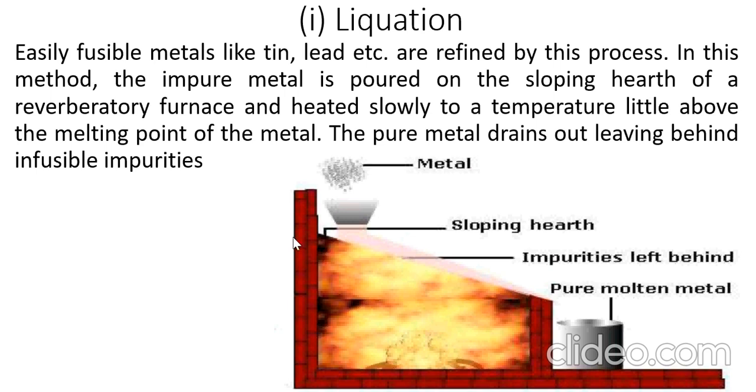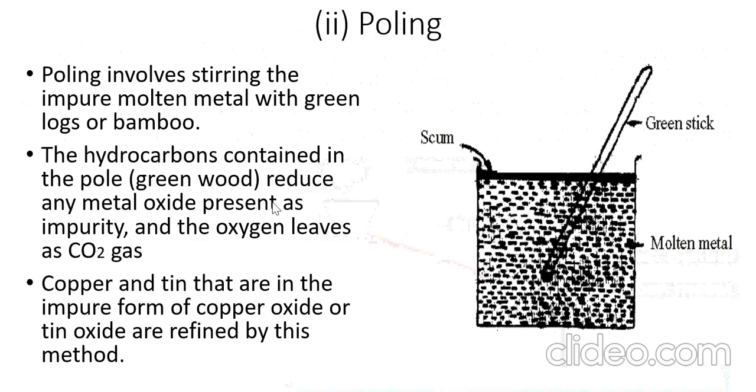It means in this reverberatory hearth with slope, the metal melts easily and is separated here, leaving behind the impurity. Are we together, please? Metals with lower melting temperatures are good for liquidation because they melt easily, leaving behind the impurity.